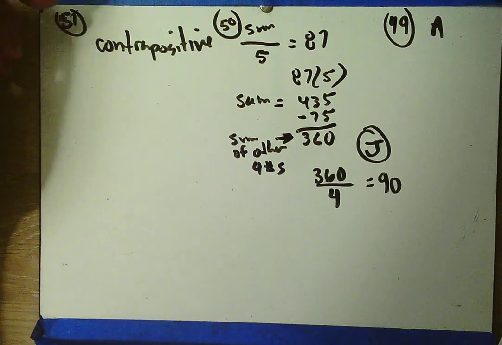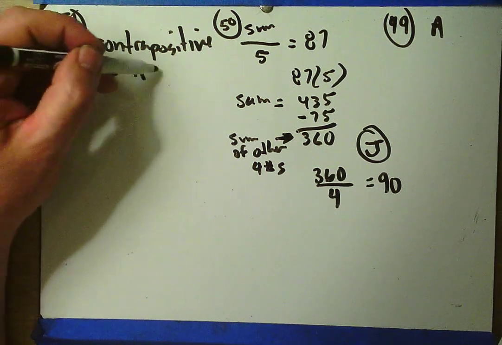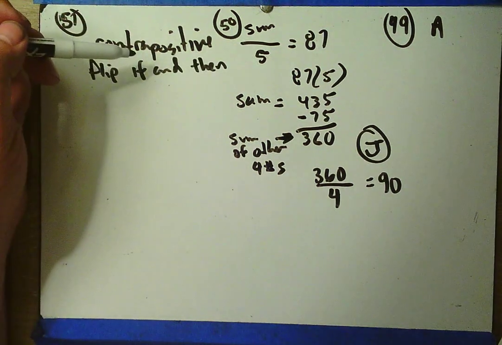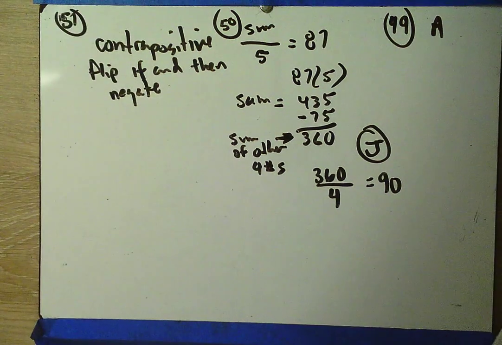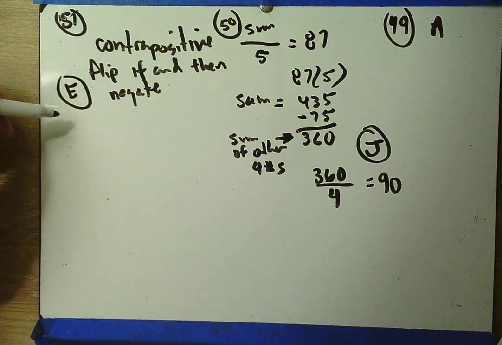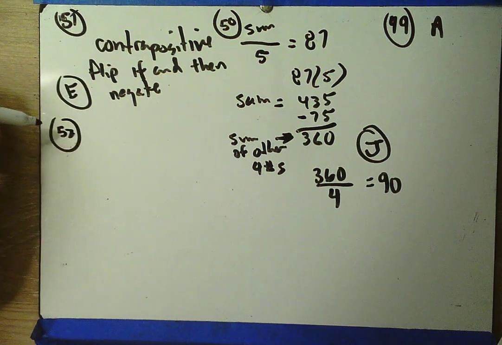The way we make a contrapositive is we flip the if and then statements, and then we negate. So if I flip and negate, I get choice E, which must always be true. Contrapositive, that's old school.